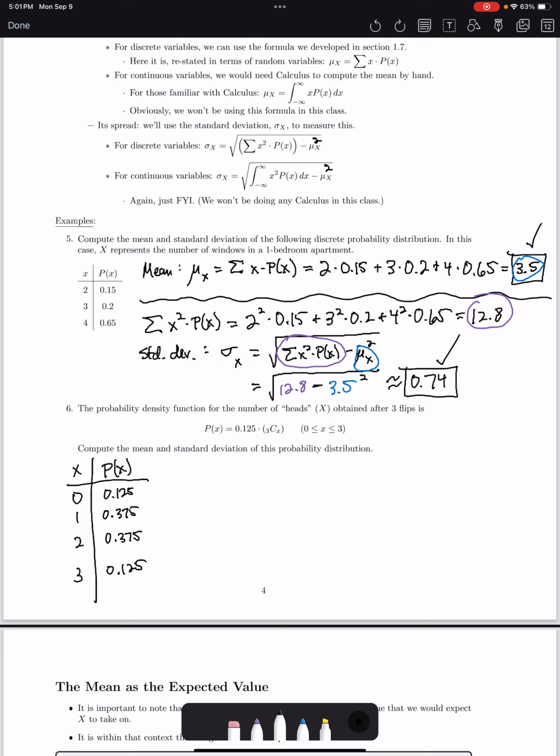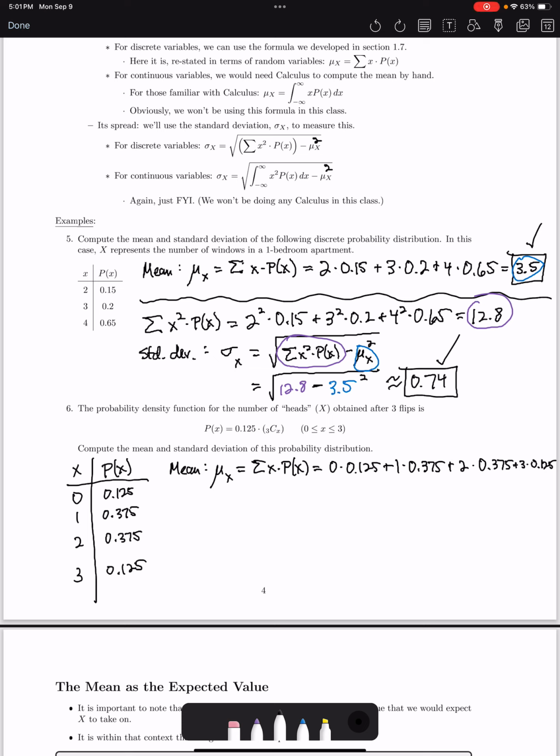So now we're going to compute the mean and the standard deviation of this table, just like we did for the previous one. So the mean, mu sub x, is going to be the sum of x times p of x. Okay, so in this case, that looks like 0 times 0.125 plus 1 times 0.375 plus 2 times 0.375 plus 3 times 0.125.